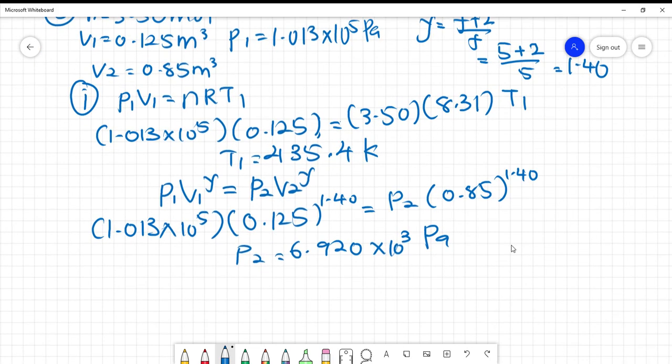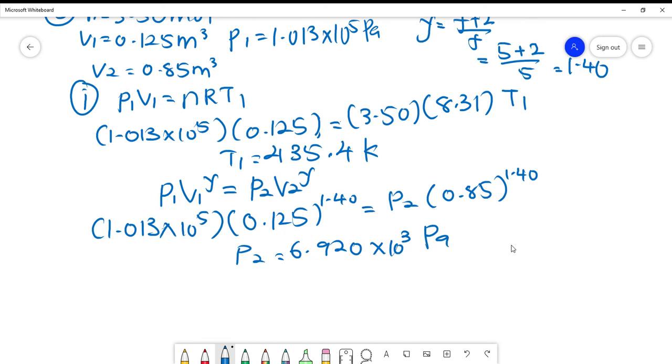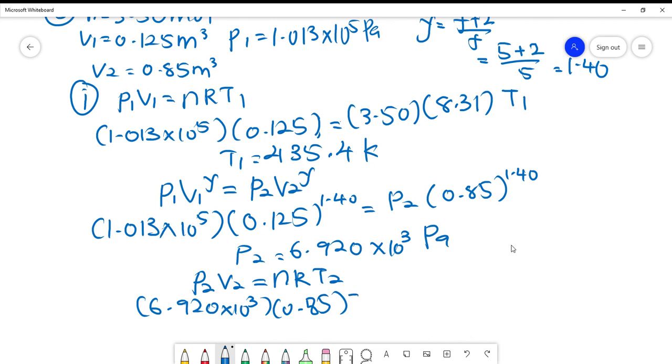So this is P2. Back to the ideal gas equation, PV equals nRT. So P2 V2 equals nRT2. What will be our T2? My V2 is 0.85, equals 3.5 times 8.31 times T2.